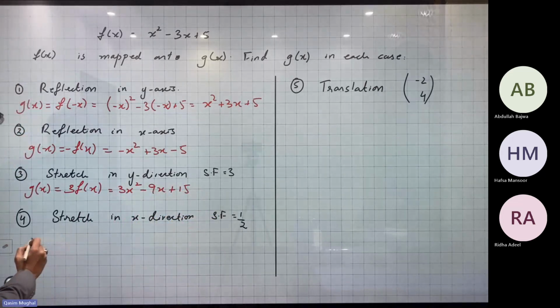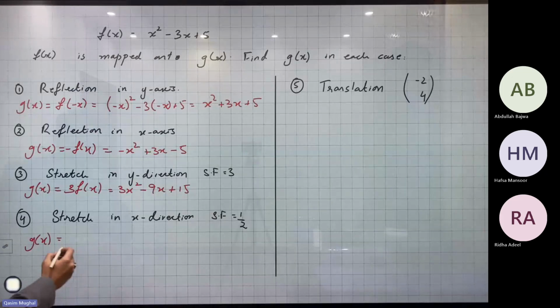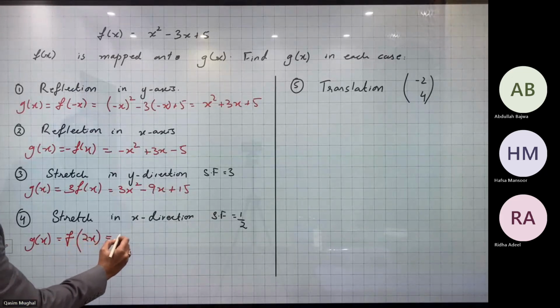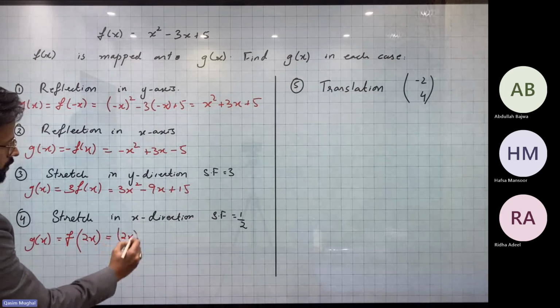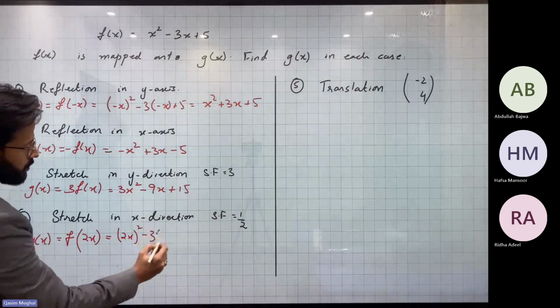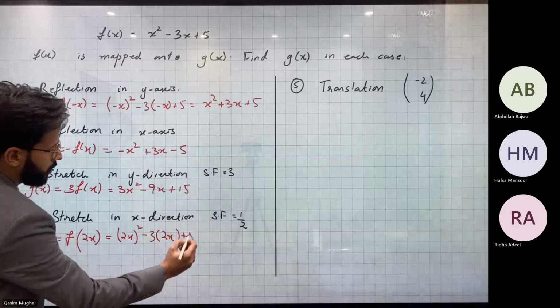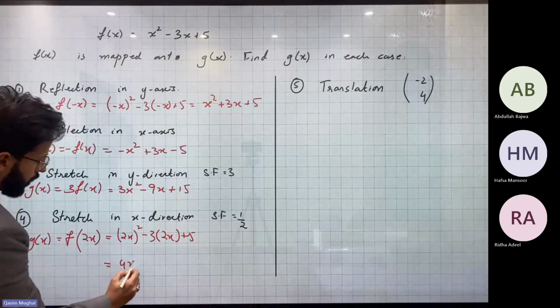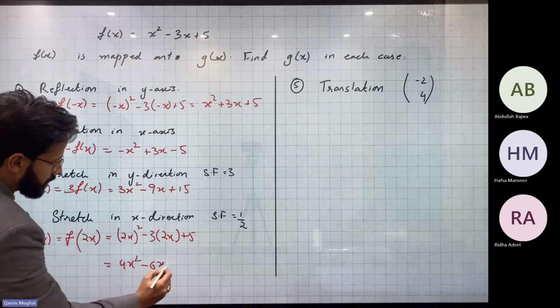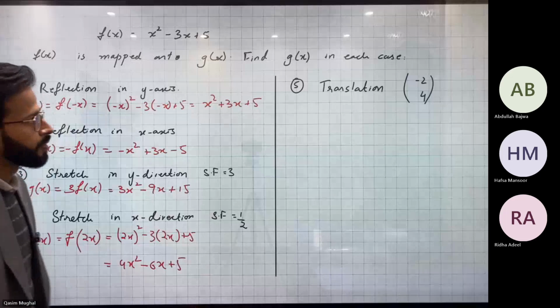Stretch in x direction. So g of x stretch factor है 1 over 2. So f of 2x, very good. So 2x whole squared minus 3 into 2x plus 5, 4x squared minus 6x plus 5.